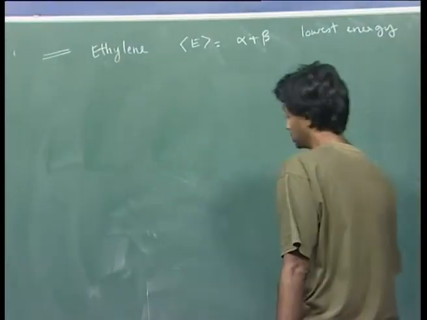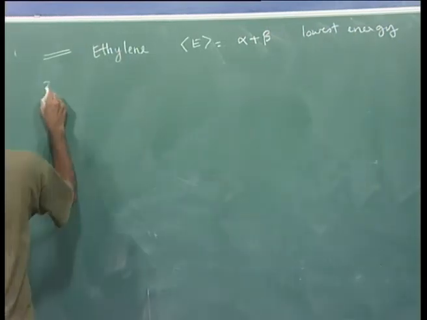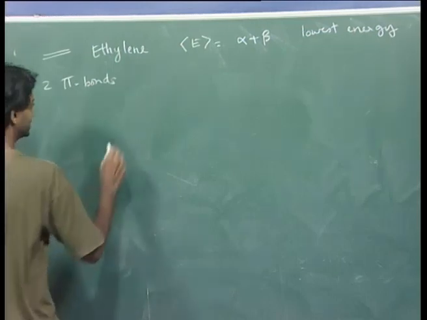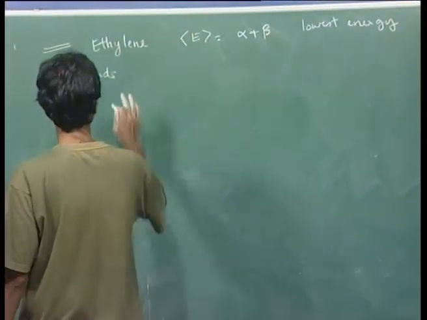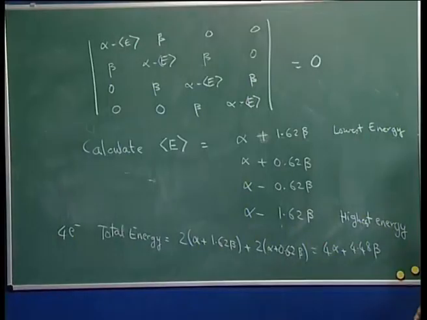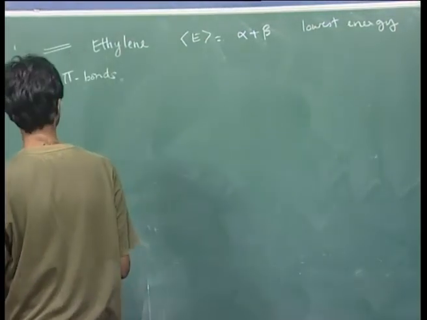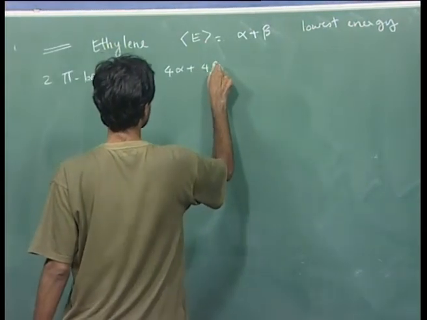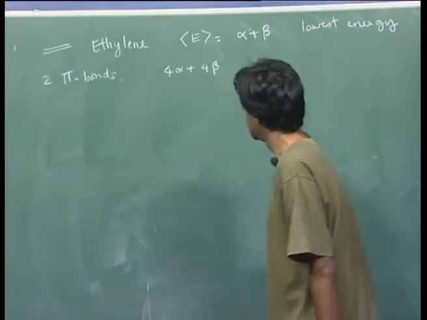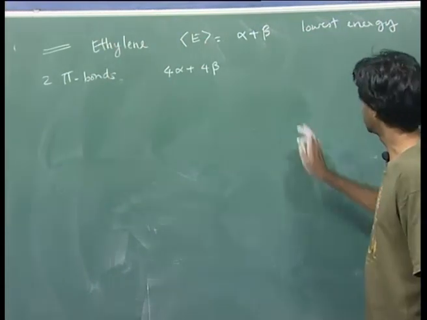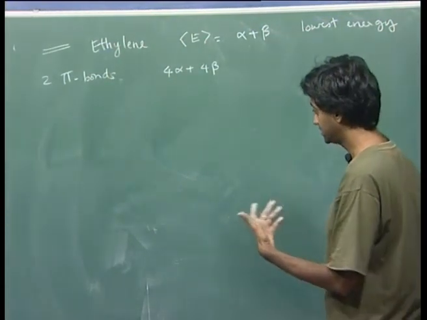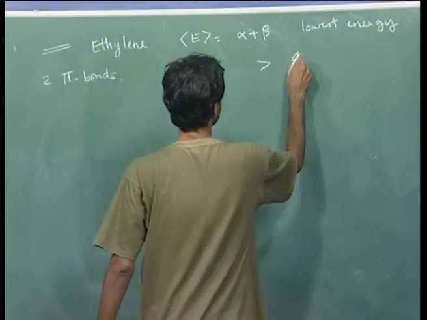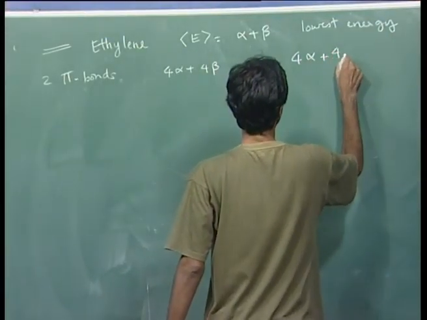So if you just had two pi bonds, then the energy would have been 4 alpha plus 4 beta, and so this energy is actually greater than 4 alpha plus 4.48 beta.